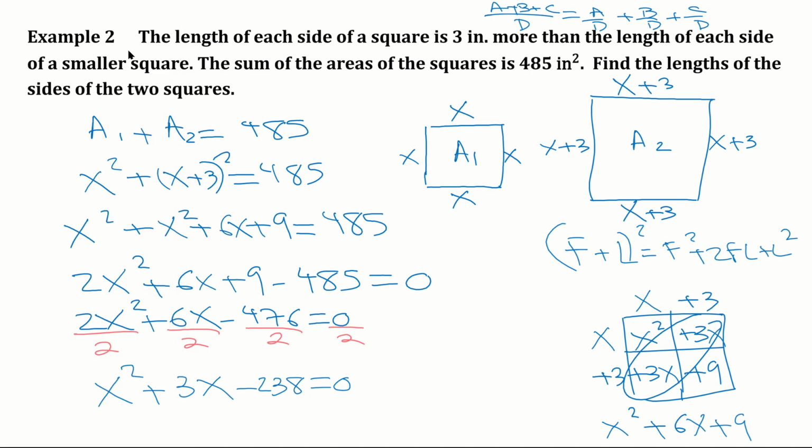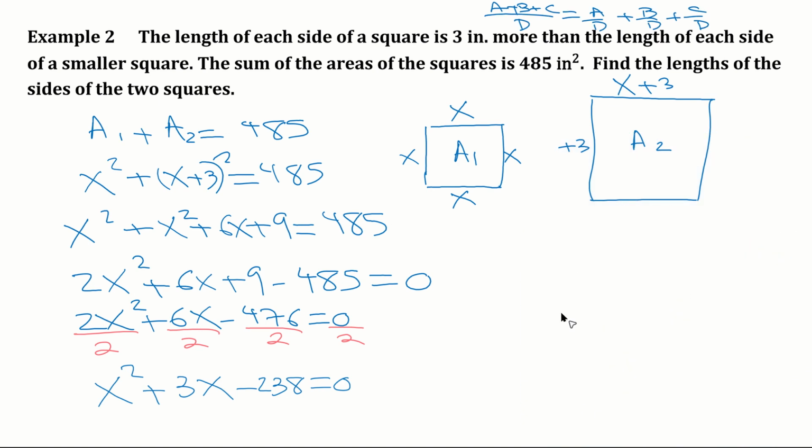Okay, if you've done this already, great. If you haven't done it already, you should go and try to factor this using the same method that I showed you on the previous problem. Okay, I'm going to remove this stuff since we've already handled it. All right, so remember we take 238.